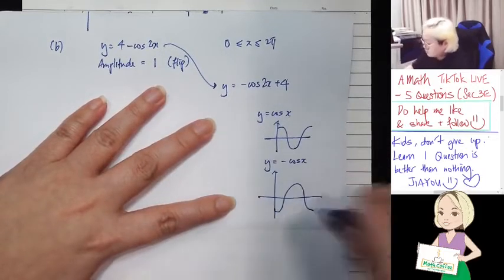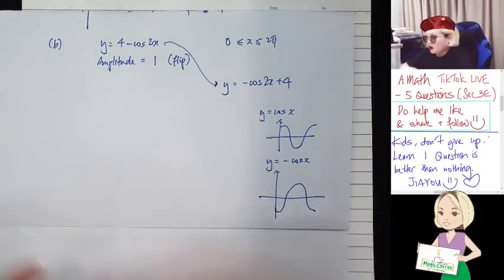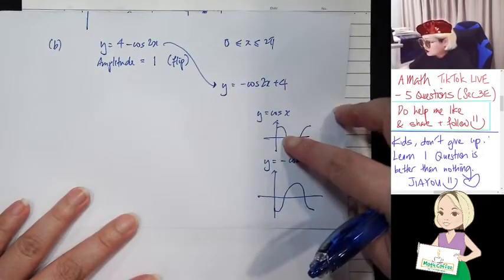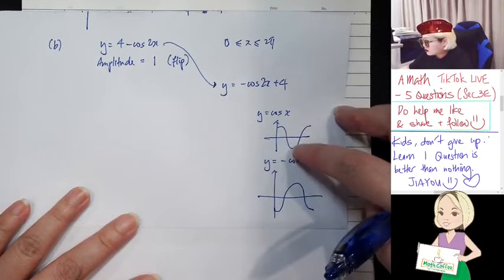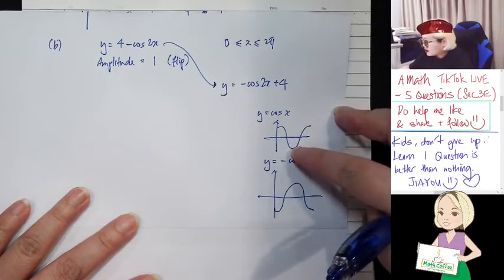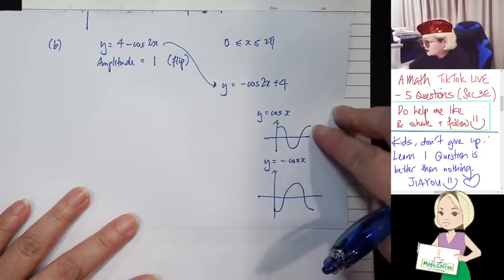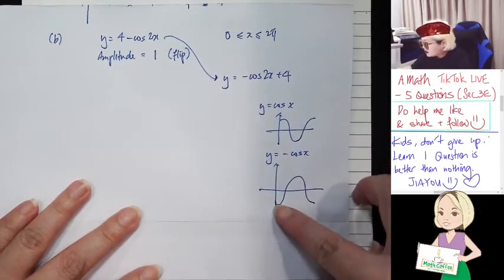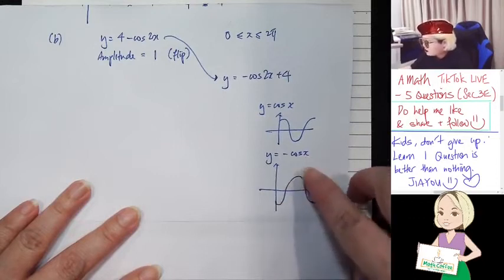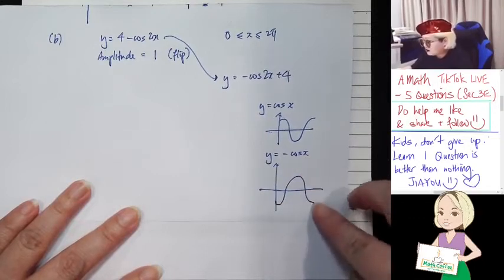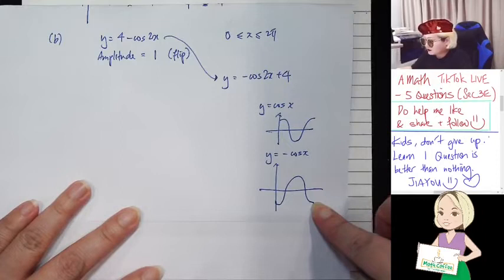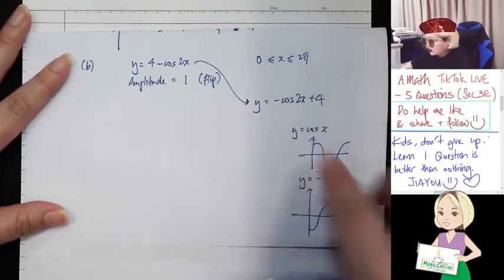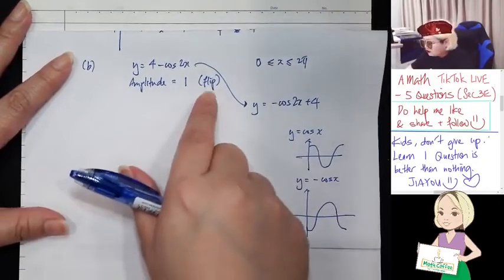Flip. It was maximum, 0, minimum, 0, and maximum. So minus means it starts from minimum, 0, maximum, 0, and minimum. Understand? So amplitude is 1, flip.